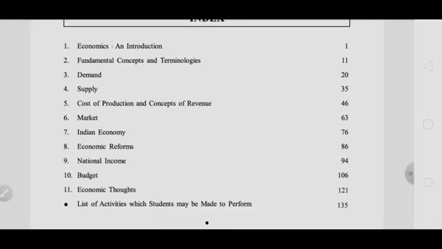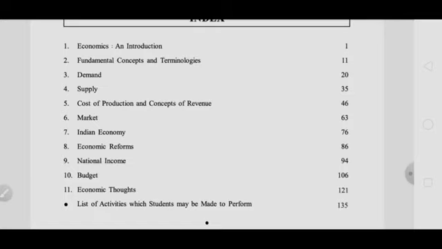The first chapter is Economics: An Introduction, which is a basic introductory portion of the subject matter of economics, while the second is Fundamental Concepts and Terminologies. As economics is a separate subject, it has its own jargon and terminologies. So in chapter 2 we will discuss some of the basic terminologies of the subject.